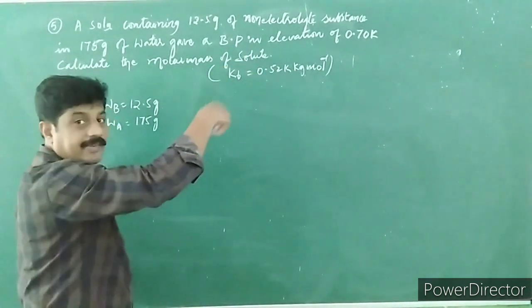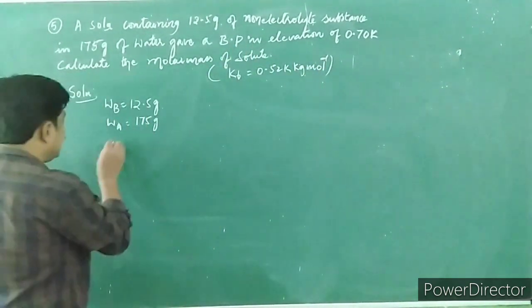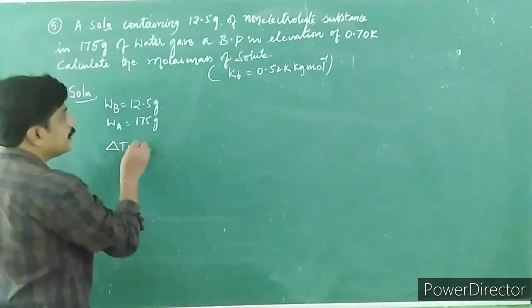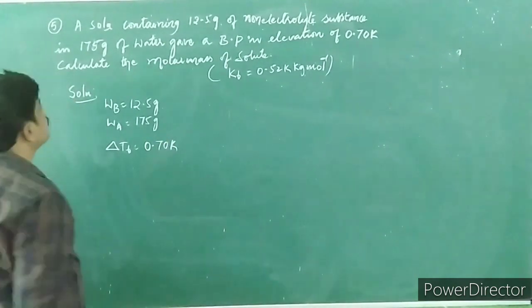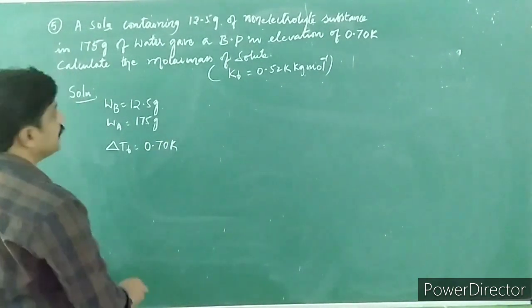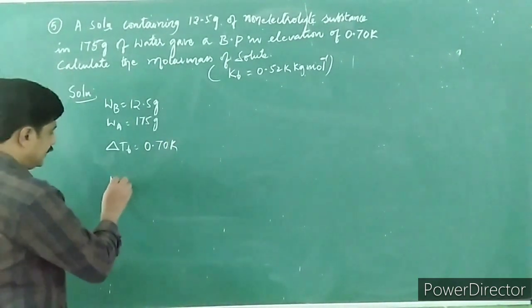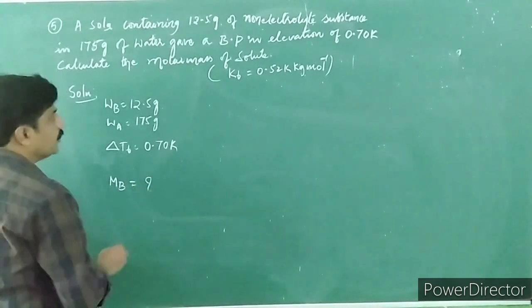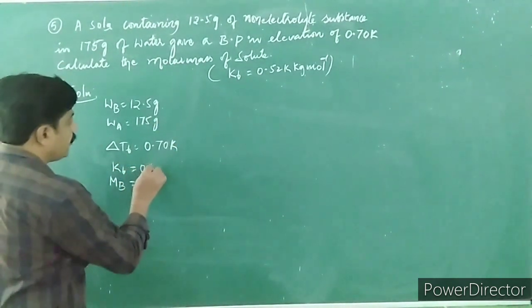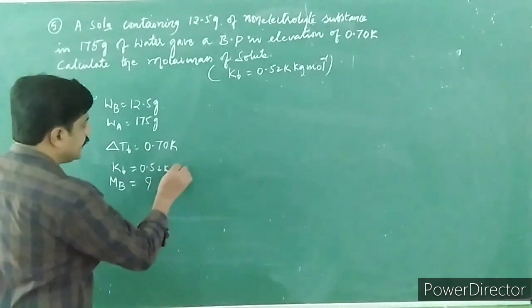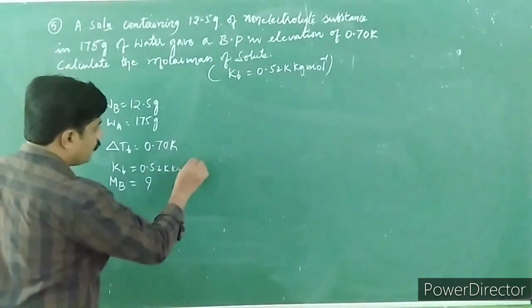Boiling point elevation. That means delta Tb is given, children. That is equal to 0.70 Kelvin. And what are they asking? They are asking MB of solute. And they have given here Kb is equal to 0.52 Kelvin kg per mole.